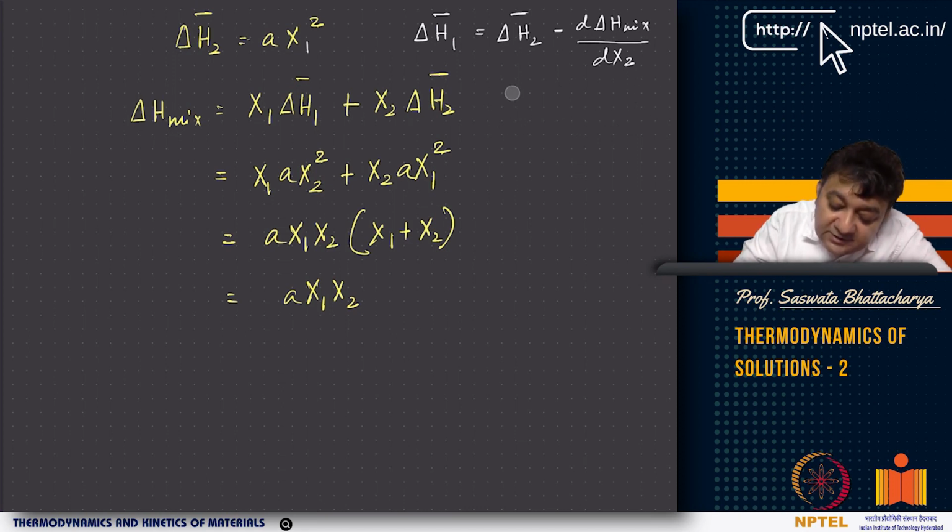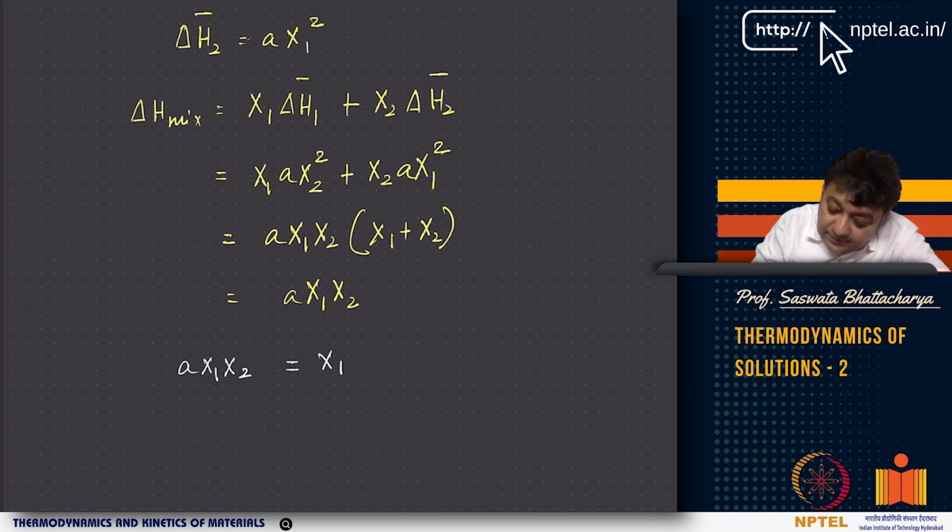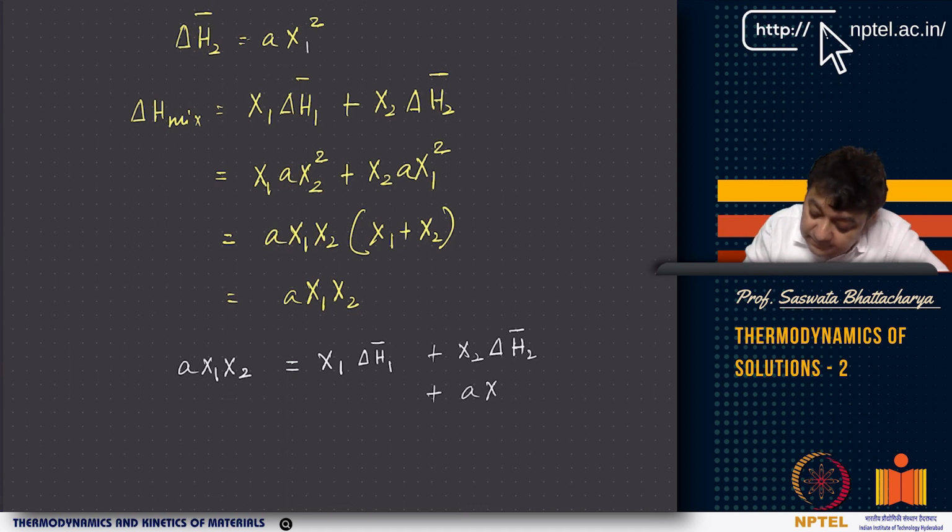Just have a look at this. Let us see it this way. You have a x1 x2, and you know this is equal to x1 delta H1 bar, which is unknown, and x2 delta H2 bar, which is now known, which is basically a x1 square x2, right?